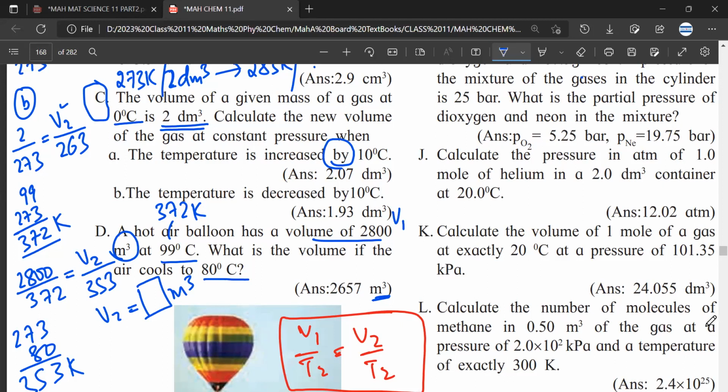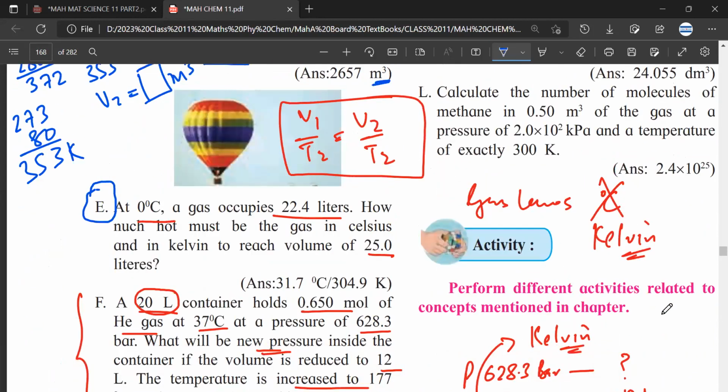जी. Okay. Let us look at the E part. At 0 degrees Celsius, so 273 Kelvin, gas occupies 22.4 liter. So this is my volume. How hot must the gas be, in Celsius and Kelvin, to reach a volume of 25 liters?